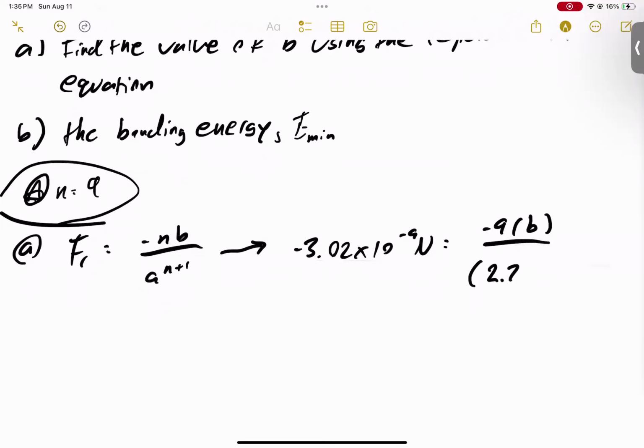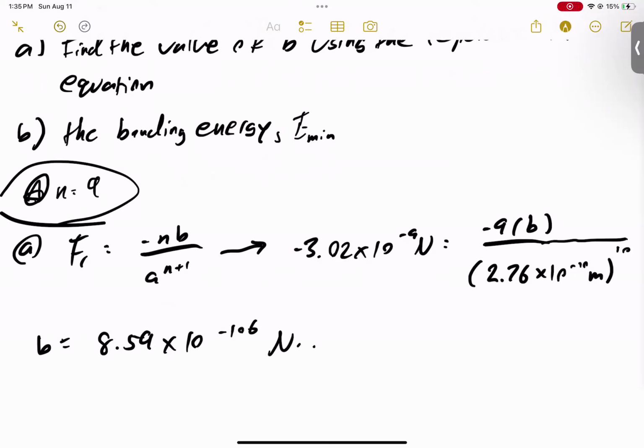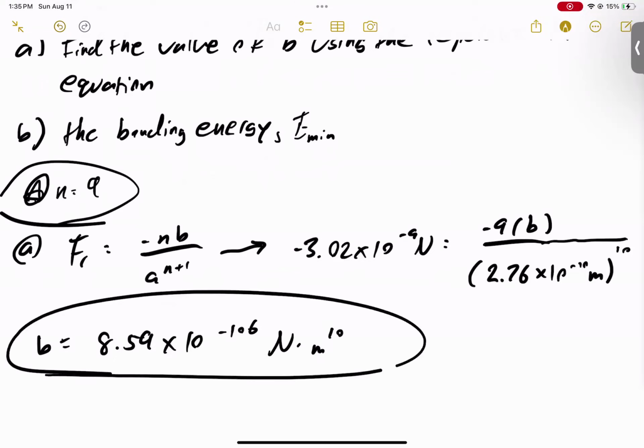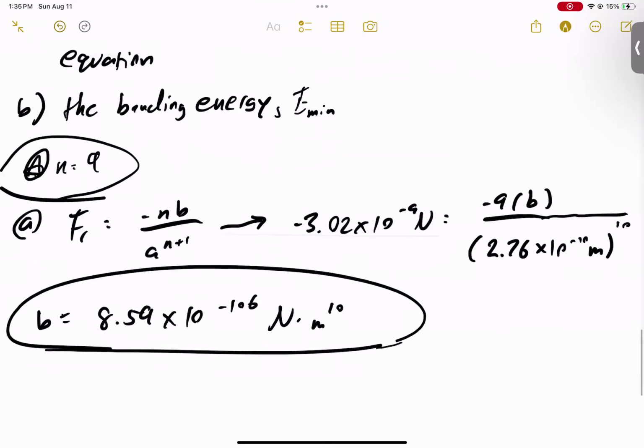So that's going to be 2.76 times 10 to the negative 10th meters raised to n plus 1, which is just going to be 10. If we solve for B here, we get a B value of 8.59 times 10 to the negative 106 newtons times meters raised to the 10th power. So that's our final answer for B.